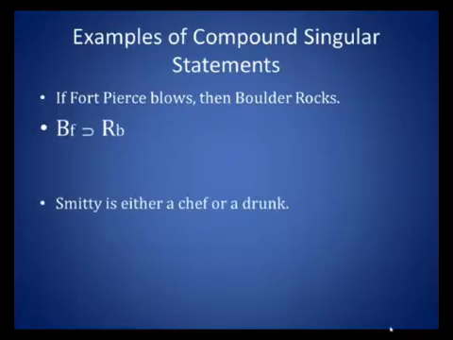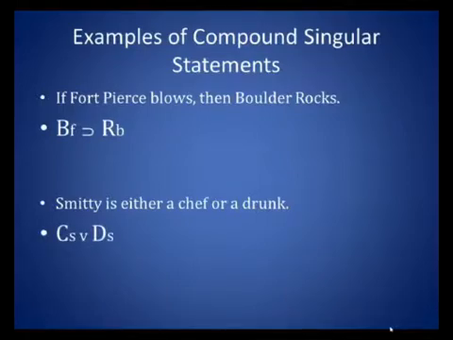Let's look at another one. Smitty is either a chef or a drunk. So hopefully you recognize right off the bat that this is going to be a disjunctive statement. In other words, we're going to use our wedge, or what some of you might recognize as a lowercase v. Smitty, of course, is our subject, and the predicates are chef and drunk. So when we translate this, it would look like this.